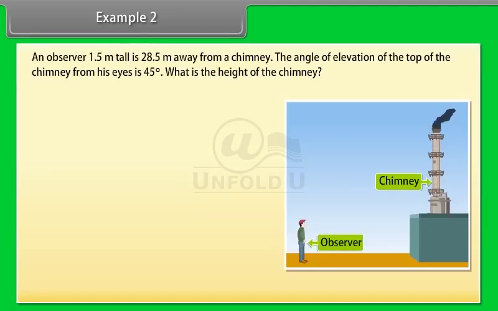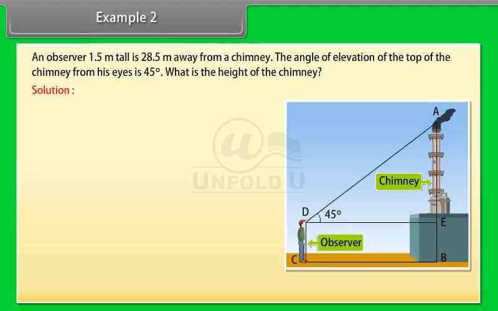Example 2. An observer 1.5 meter tall is 28.5 meter away from a chimney. The angle of elevation of the top of the chimney from his eyes is 45 degree. What is the height of the chimney? Solution. Here AB is the chimney, CD the observer, and angle ADE is the angle of elevation.